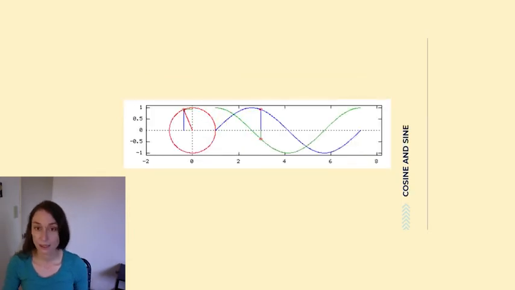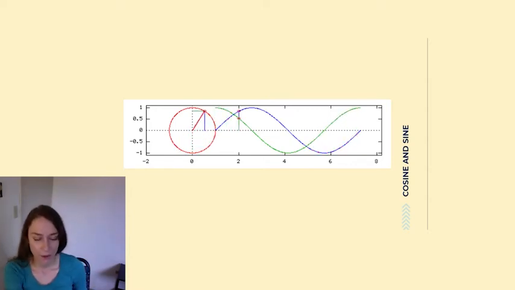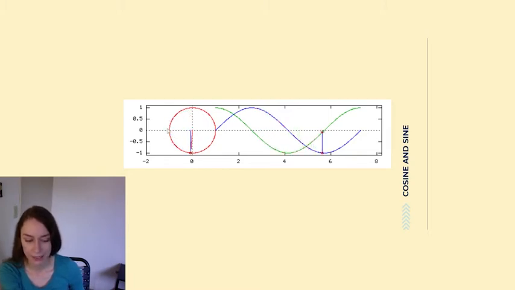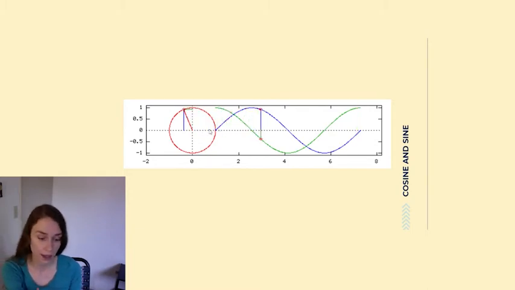Cosine is exactly the same concept, but opposite. So instead of being the opposite side, it's the adjacent side, which means that where the sine function crosses the x-axis at 180 degrees and 360 degrees, or pi and 2 pi, the cosine function crosses the x-axis at 90 degrees, or half pi, and then 270 degrees, so it would be 3 pi over 2.